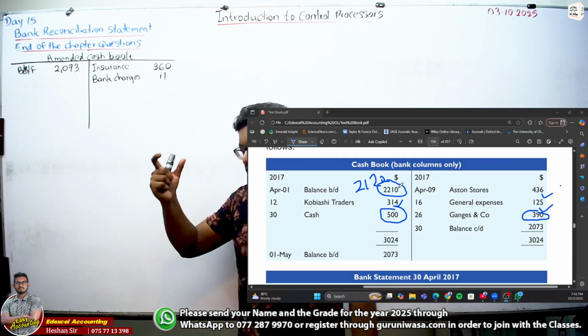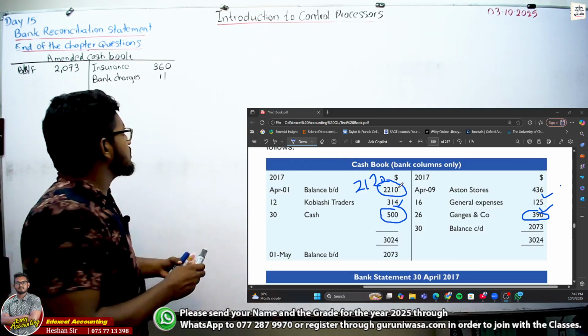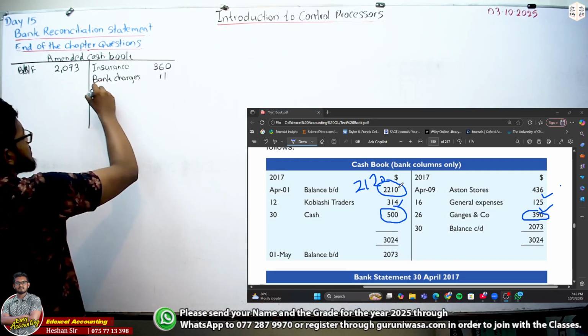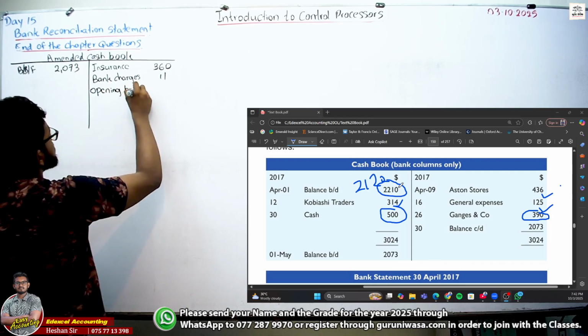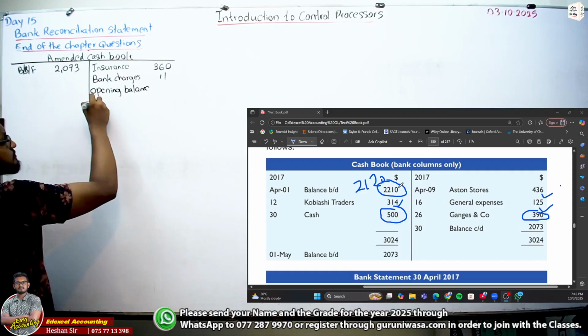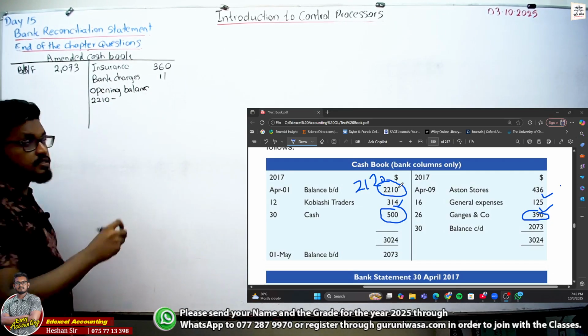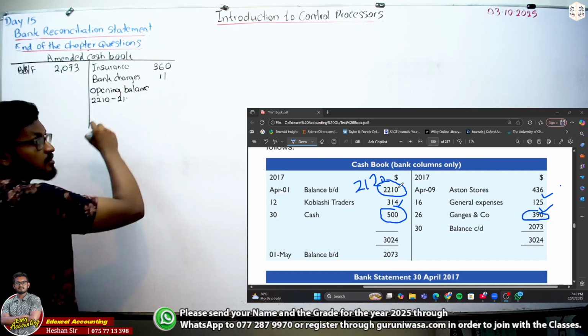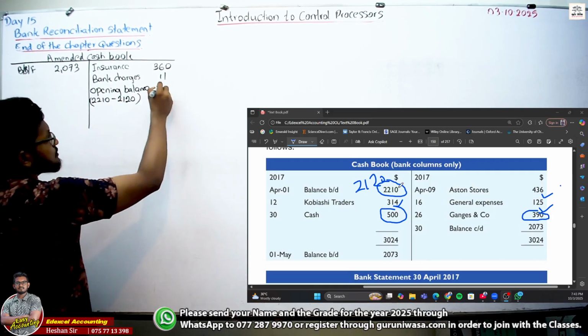Since the opening balance is higher, 2210 minus 2120, we need to remove 90.